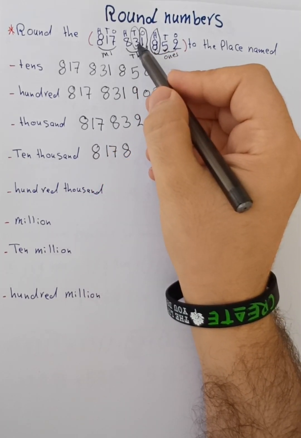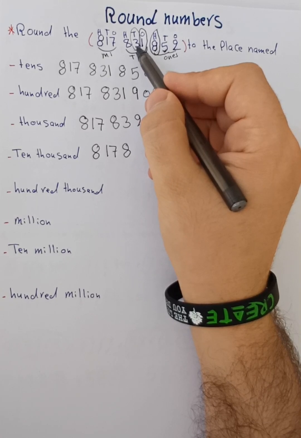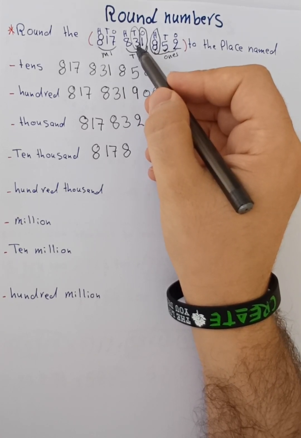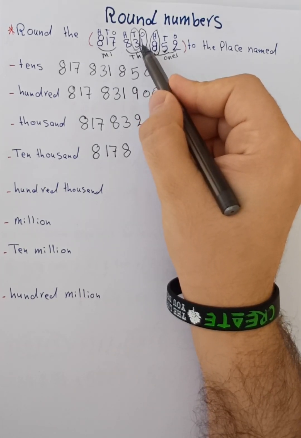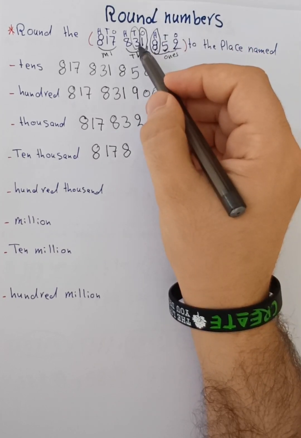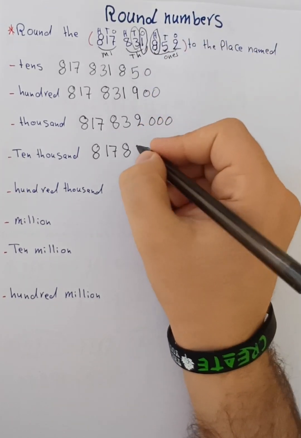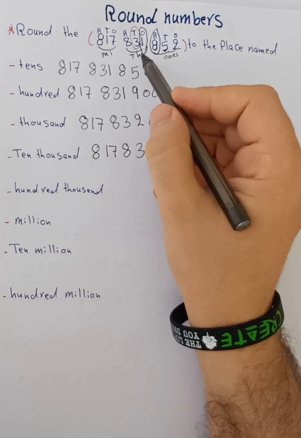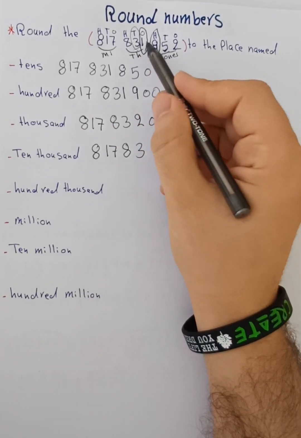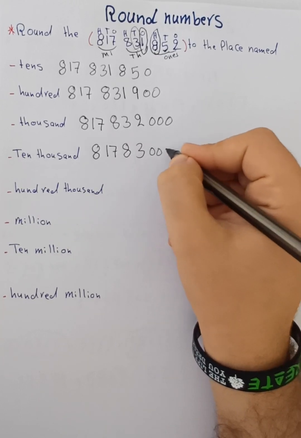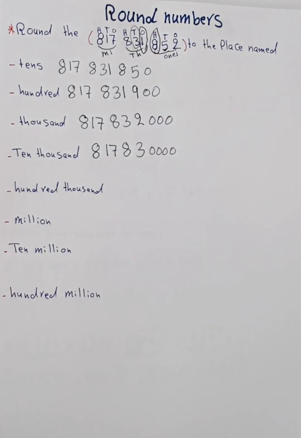So 3 is 10,000. We have to look at the number next to 3. We have 1. 1 is less than 5, so by the rounding rule 3 stays the same without change, and then the numbers after 3 become 0. We have 4 numbers become 4 zeros.